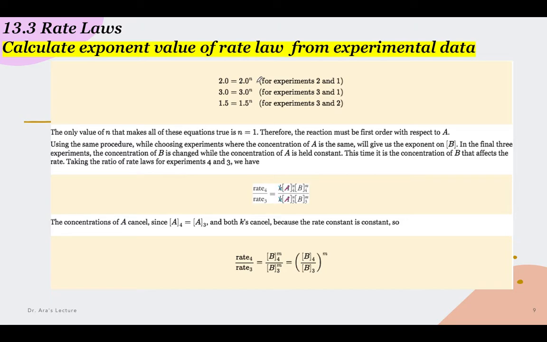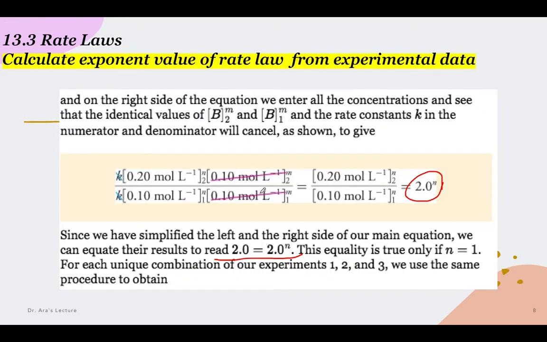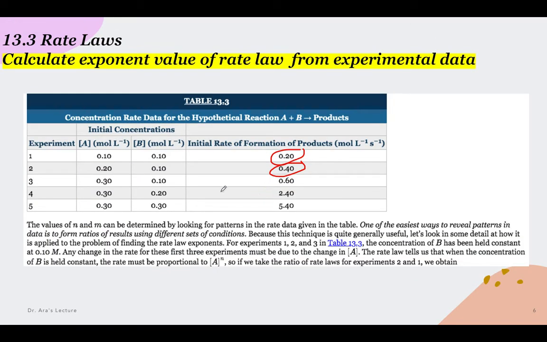But now if we look into the ratio between experiments 4 and 3, let's go back to the table. 4 and 3, what do we have? If we see 4 and 3, the concentration of A is constant but the concentration of B changes, and the overall rate is here, 0.1, see 0.6.